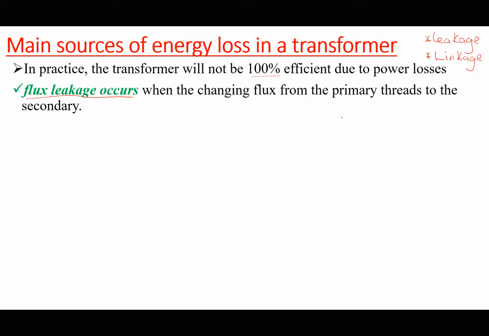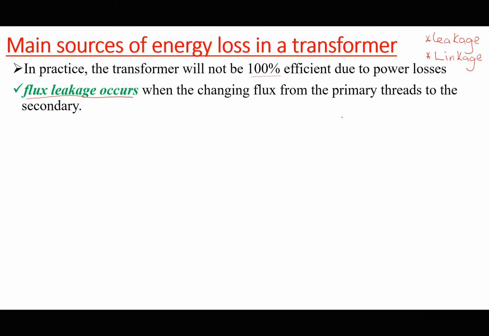So there is loss of magnetic flux between the primary and the secondary coils as the flux flows back and forth. So this loss means that the input power is essentially not going to be the same as the output power.